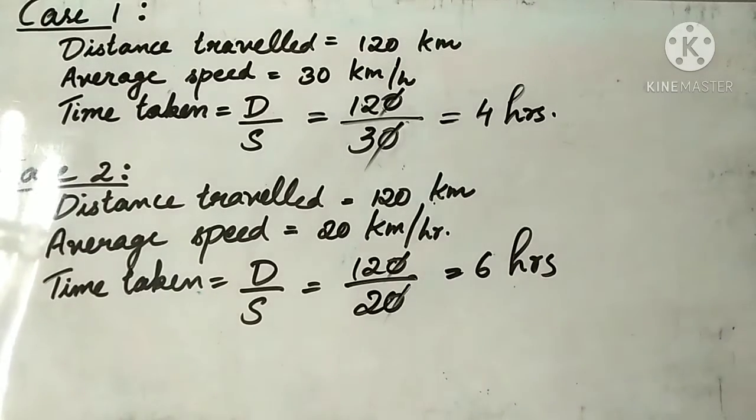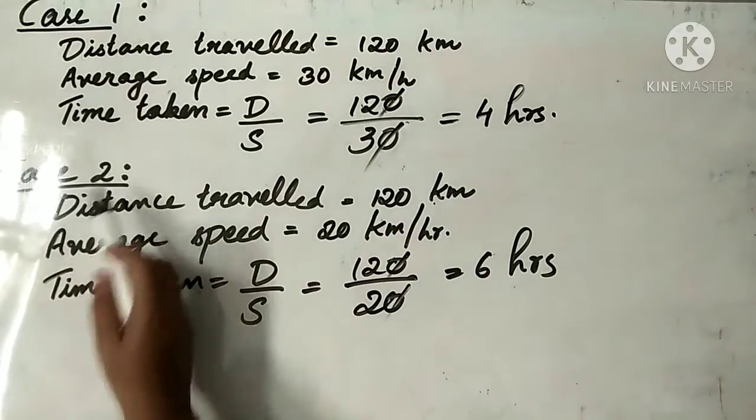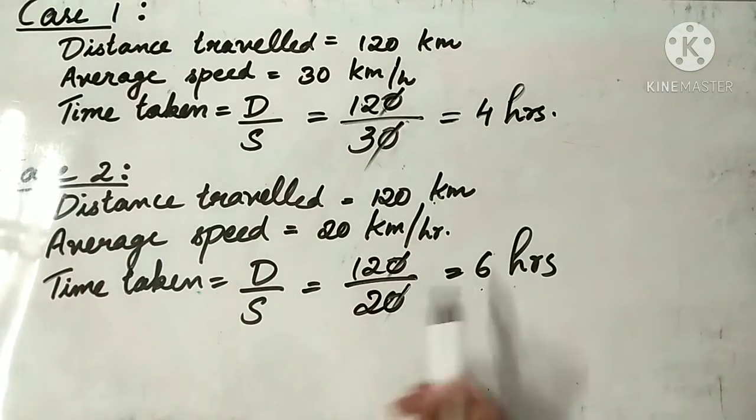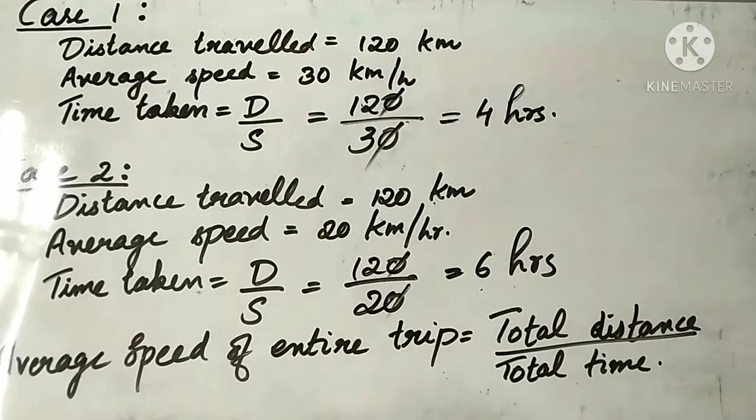So we get for case 1, the time taken is 4 hours and for case 2, the time taken is 6 hours. Now we can calculate the average speed. Average speed of the entire trip is equal to total distance by total time.